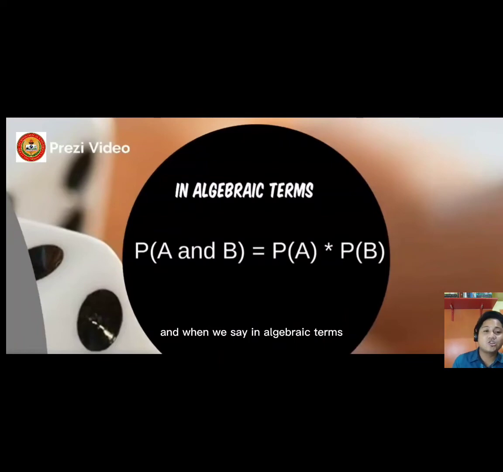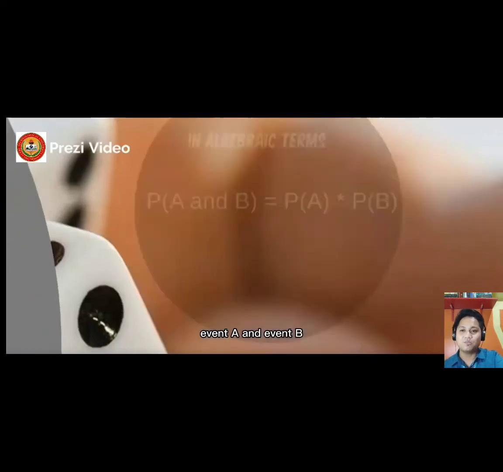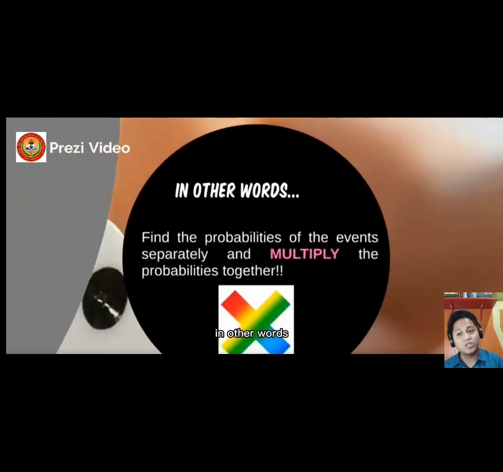In algebraic terms, we have P of A and B, or the probability of events A and B, equals the product, P of A times P of B. So again, we multiply these two events. In other words, we find the probabilities of the events separately and multiply the probabilities together. The keyword there is product: we multiply event A and event B.